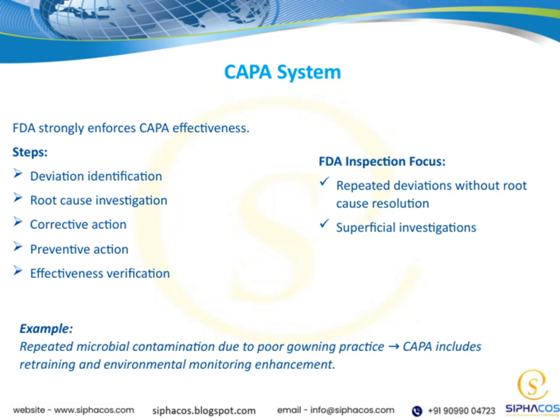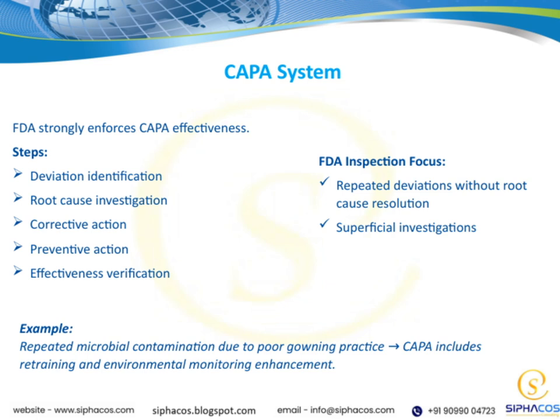Now, when it comes to FDA inspections, they focus heavily on repeated deviations that haven't been properly addressed at their root. They also scrutinize superficial investigations that don't uncover the real cause of problems. This is why a robust CAPA system is so critical. The FDA enforces the effectiveness of CAPA very strictly.